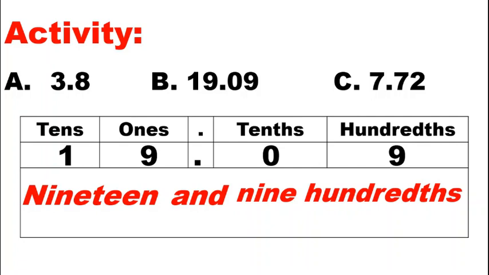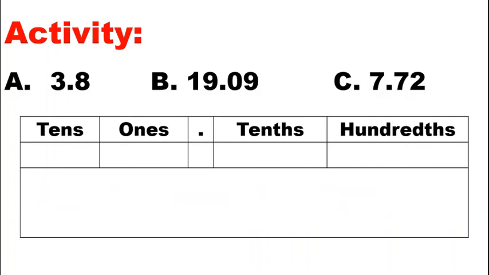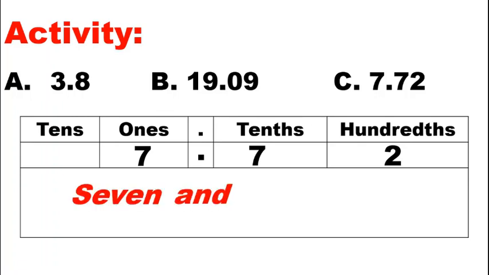Very good. Let's move on with the third activity, letter C. Again, we'll write the following into the correct place value and read them. Good job. We write it into words as 7 and, then read the digits in tenths and hundredths.